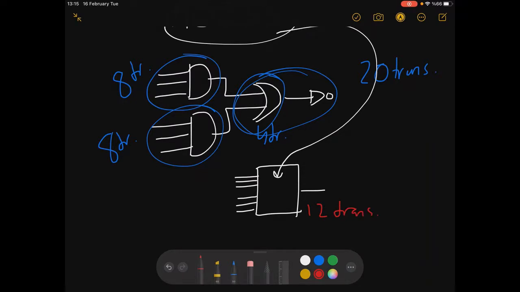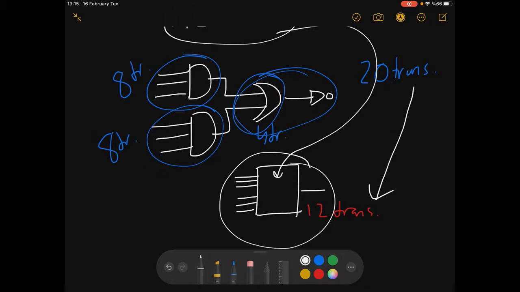Not only will your total cost be lower, but the speed of your circuit is also faster if you implement this as a box solution to just implement what you want to do here, instead of building them with the primitive gates.